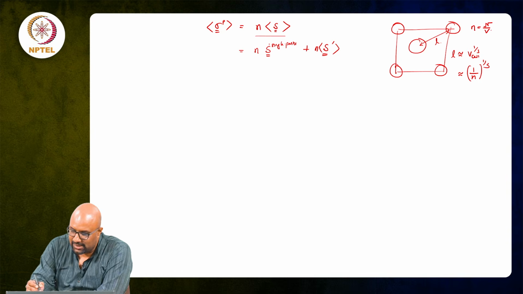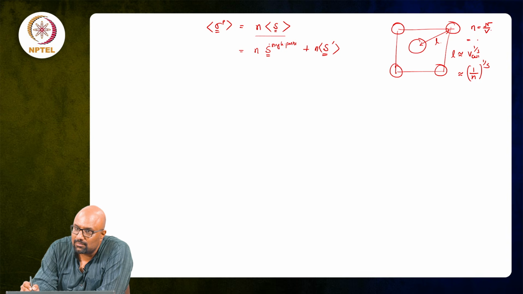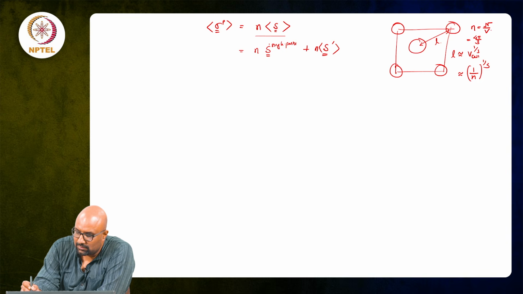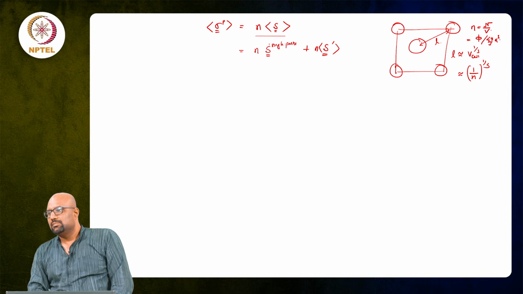Now, what is the number density? Number density is volume fraction by the volume of a single particle, 4 pi by 3 a cube, right.